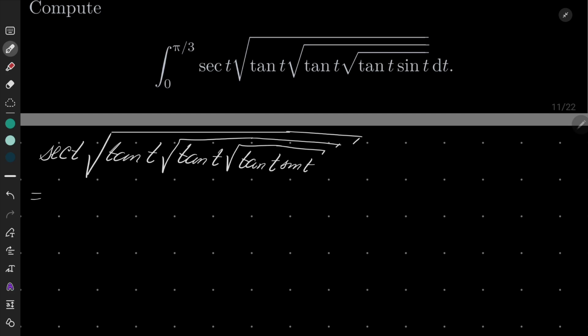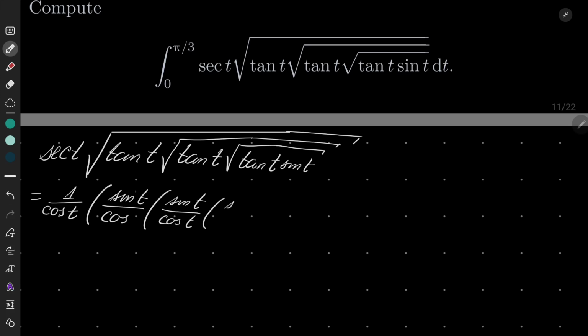Secant is by definition 1 over cosine of t. Tangent is sine over cosine. Here tangent is also sine over cosine. Here is also sine over cosine, but we have an additional sine. And here we have power 1/2, power 1/2, power 1/2.